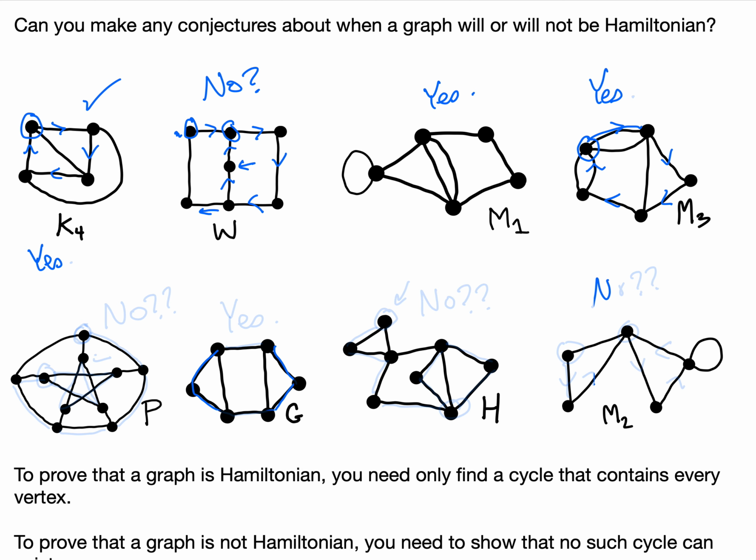Let's look at P. This is the Petersen graph. We could start anywhere. Let's start here, and it would be most natural to go around. Then at this point we could go up. If we go up, we're stuck because we would have visited this vertex and we couldn't get out of it.